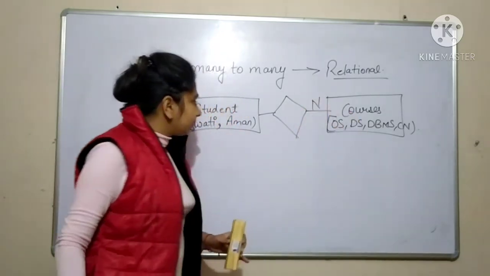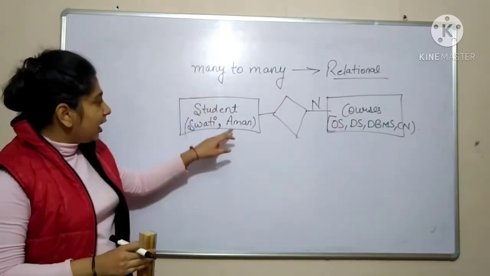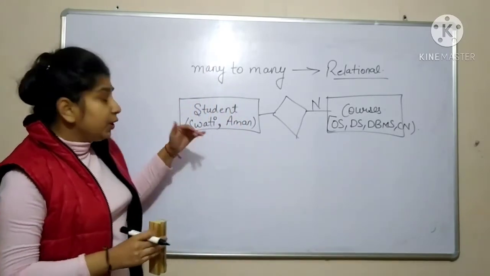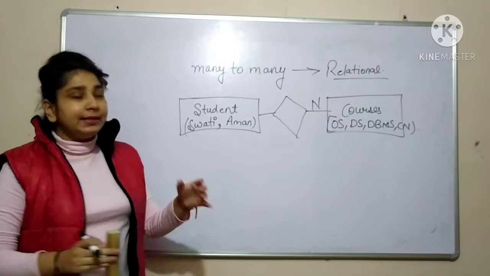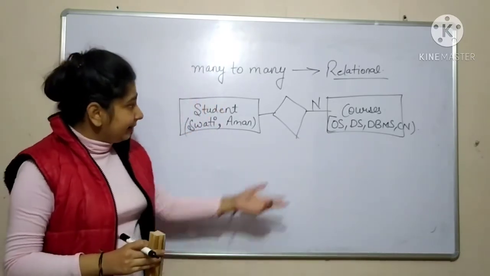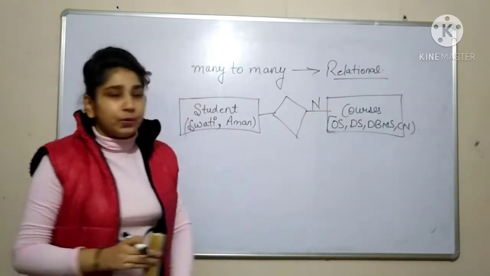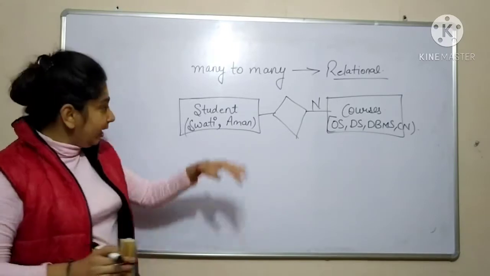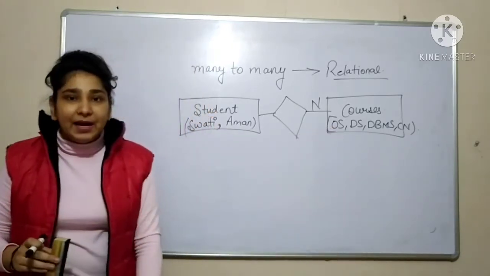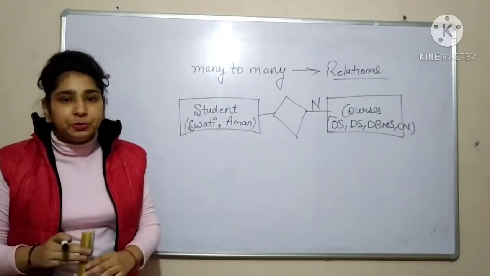So Swati can study operating system, data structures. Aman can study DBMS and operating systems. So one student can study many number of courses. And if you look from this side, one course can be studied by many number of students. This subject, operating system, can be studied by many number of students.